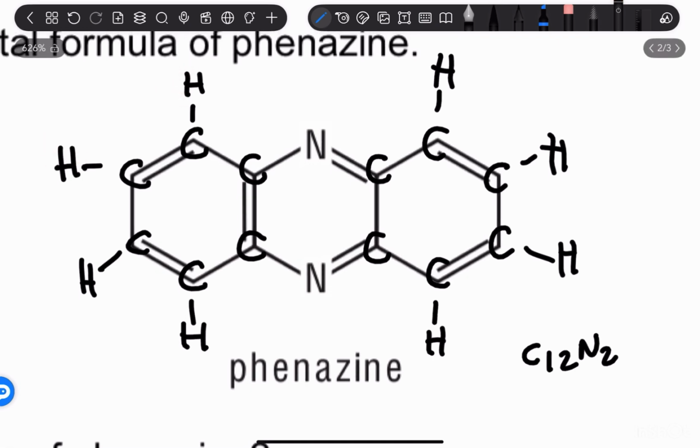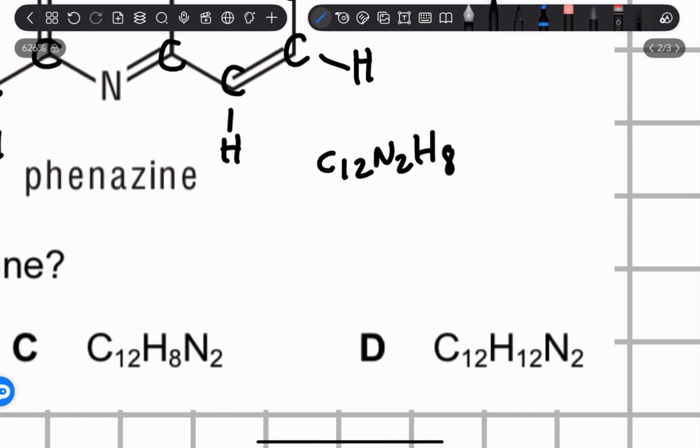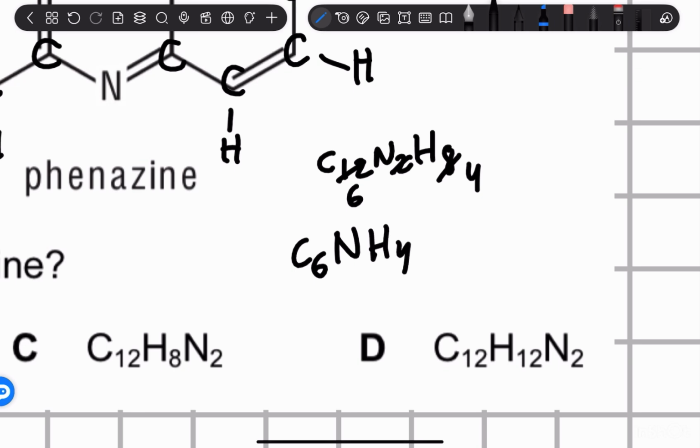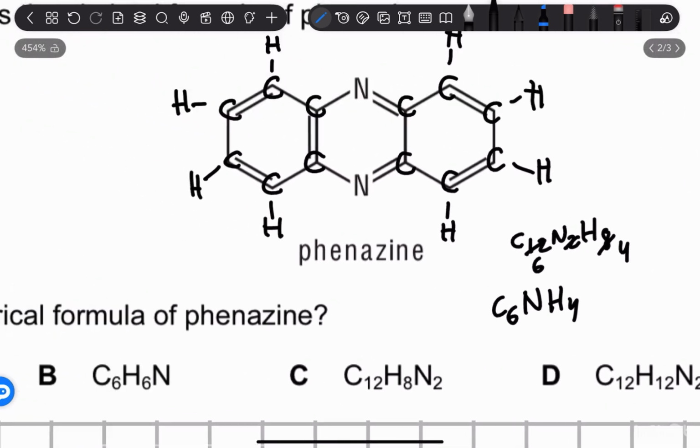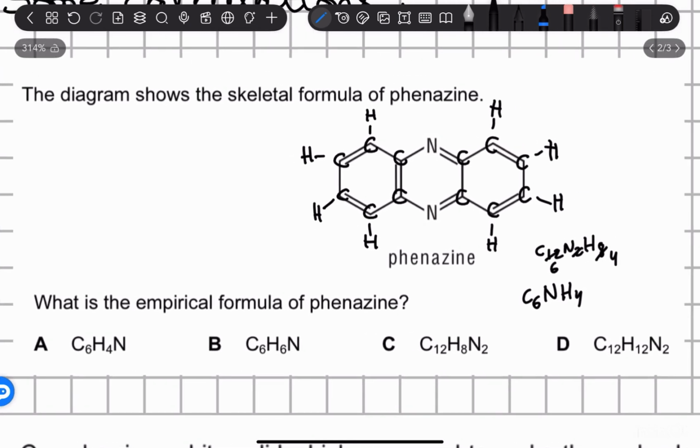So we have 1, 2, 3, 4, same on the other side, so that's 8. So we have H8. Now for the empirical formula, we need to simplify this ratio. So I would just cancel out the 2, and this becomes 6, this becomes 1, and this becomes 4. So we have C6NH4. And when we're looking for it, I believe A is our answer because that matches.